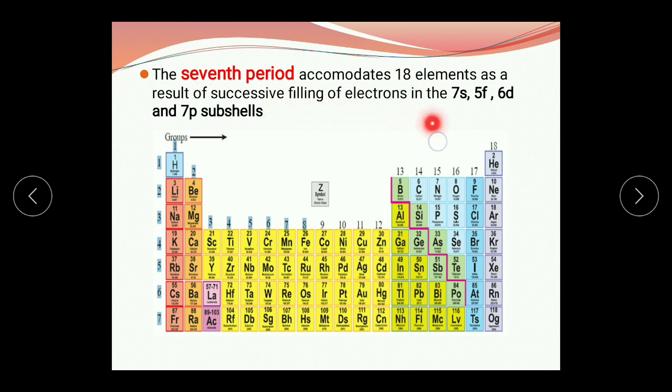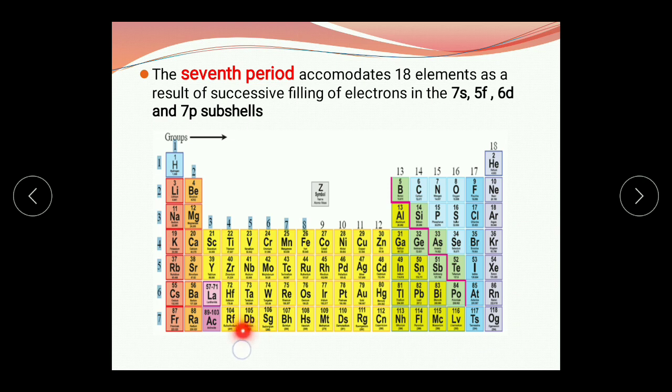The successive filling will be 7s, francium and radium. Then 89 to 102. Actually 89 is actinium, and that belongs to d subshell itself. After actinium, 90 is thorium; 90 to 103 are placed separately in the second series below the periodic table. These elements from thorium 90 to 103 belong to the 5f subshell.